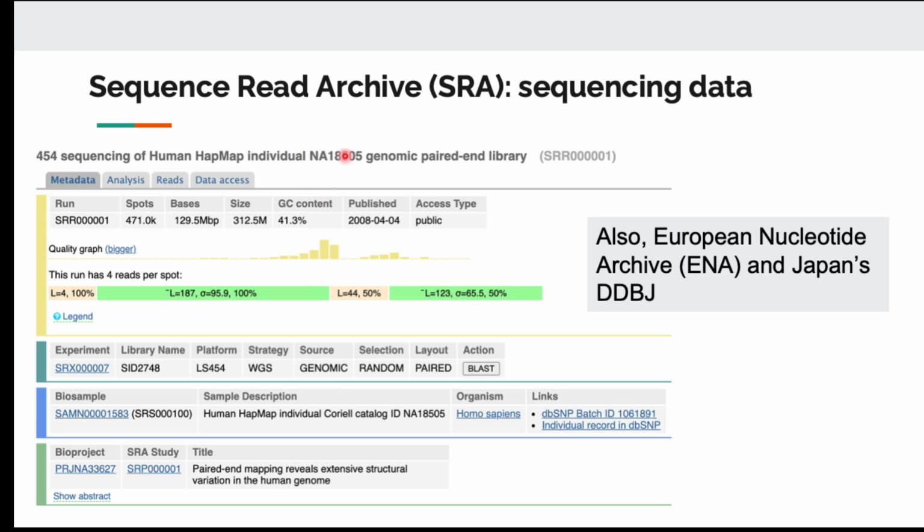Because in this repository, they also contain the metadata, the study that generated the data, and other information about the samples, the condition of the samples. So you can either start with specific papers to get their data, or you can go directly to this website and search for the disease, the condition that you are interested in.